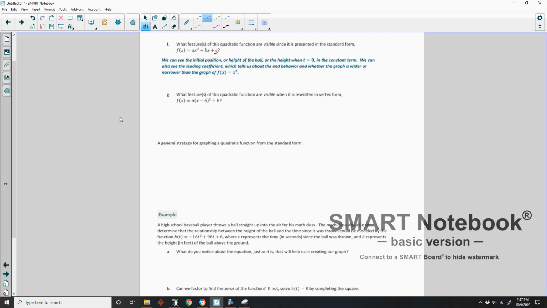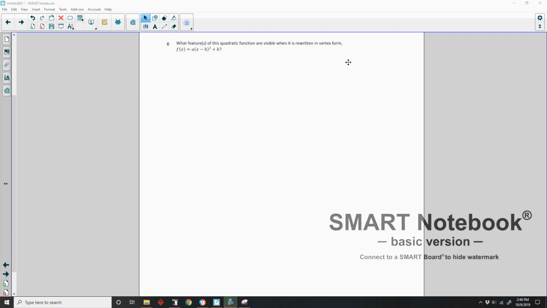Okay, part G. What features of the quadratic function are visible when it is rewritten in the vertex form? Okay, well, our (h, k) is our vertex. So we can see the coordinates of the vertex and know that x equals h is the equation of the axis of symmetry.